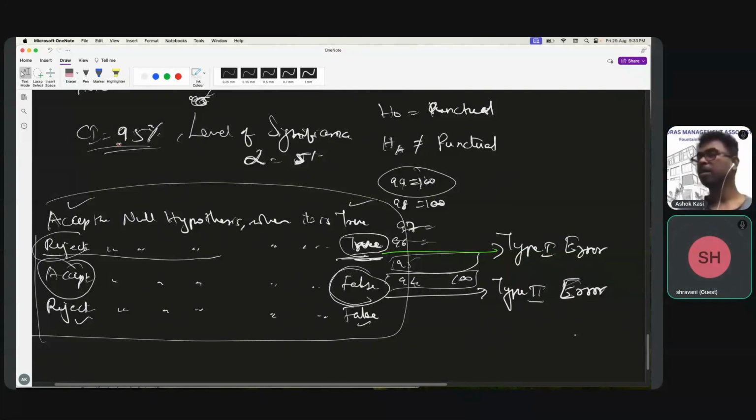Okay, so type 2 is more dangerous because, see, it is true and you are rejecting, type 1 error. So you think like this, why are so many interview rounds kept in a company? Quite possible that because of 3, 4, 5 rounds of interview, they rejected one good guy.